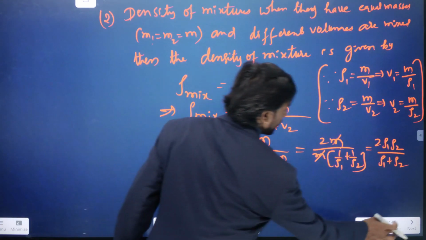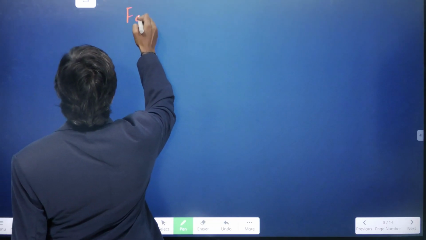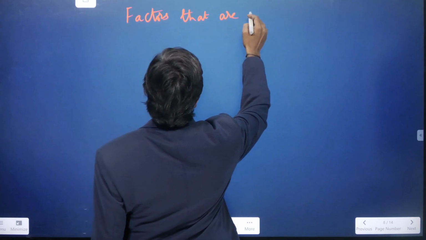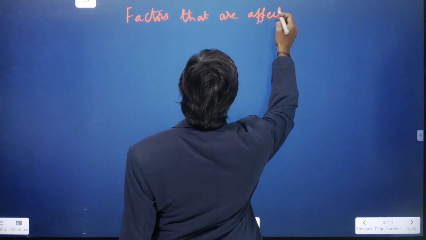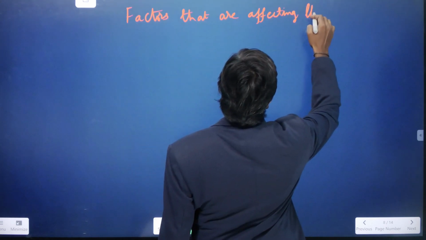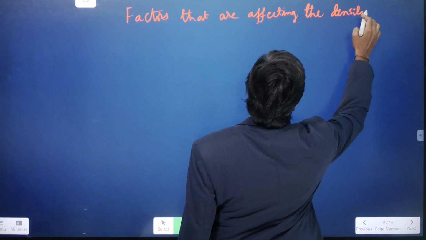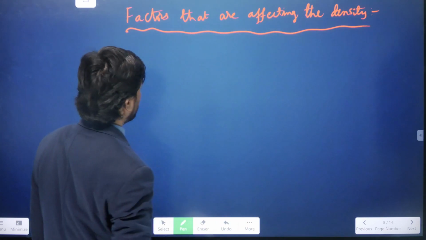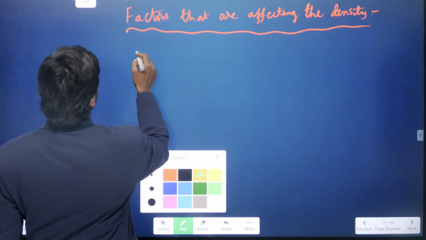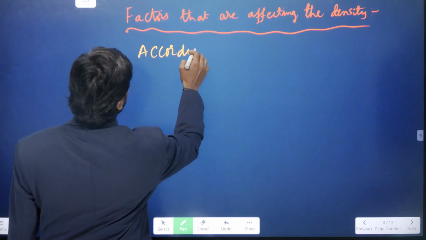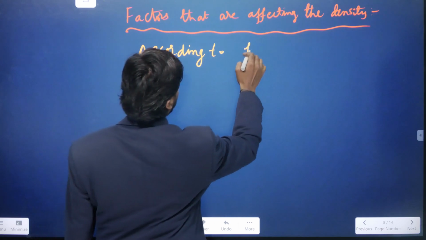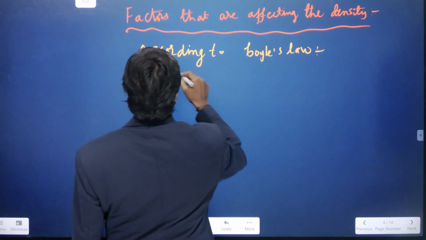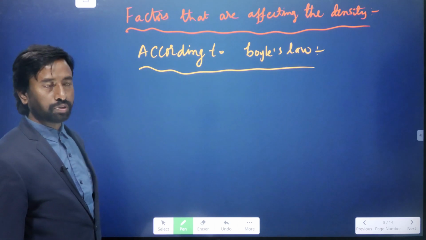Factors affecting the density. According to Boyle's law, at a constant temperature, the pressure of a given gas is inversely proportional to its volume.